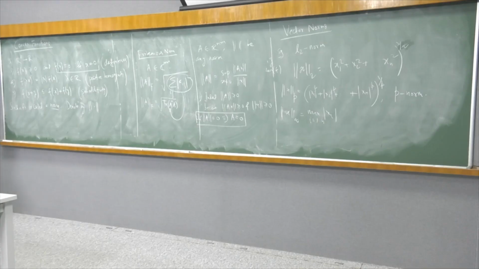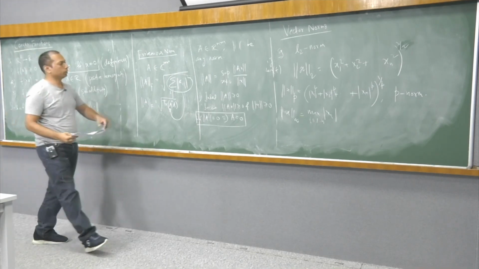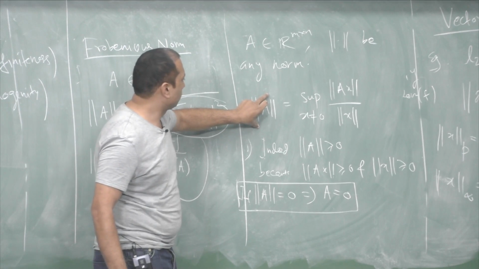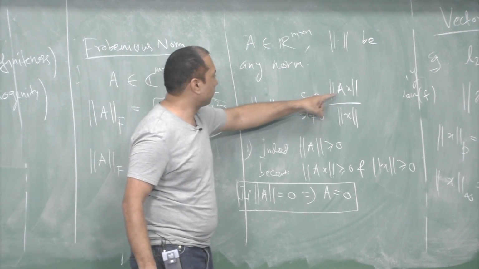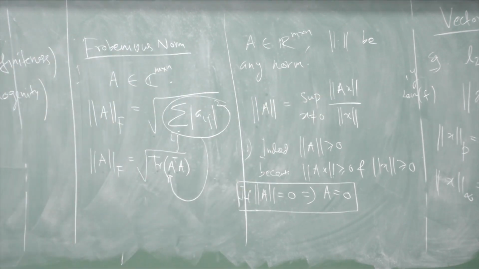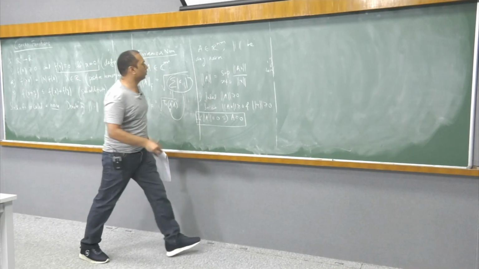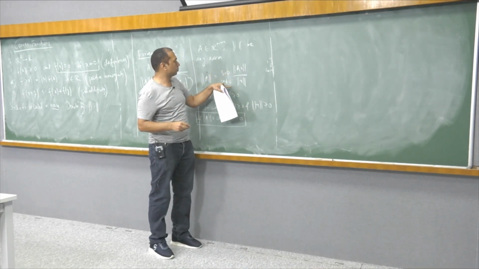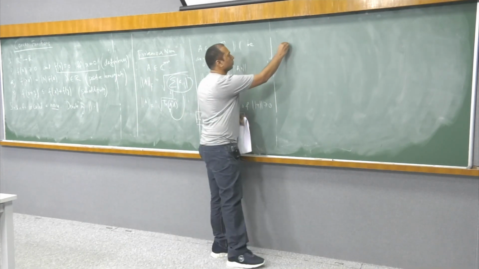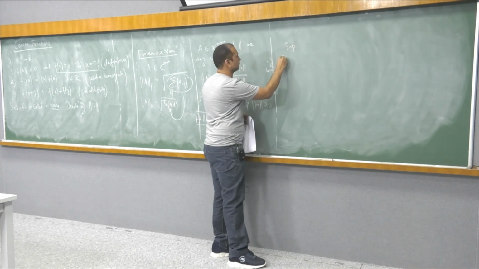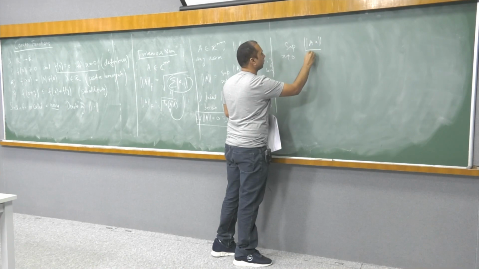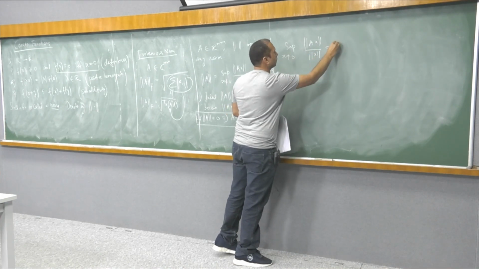If the norm of A is 0, then what I get is that this supremum is equal to 0, and then from there I must derive that A must be 0. So if the norm of A is 0, then the supremum over x not equal to 0 of norm of Ax by norm of x is 0.